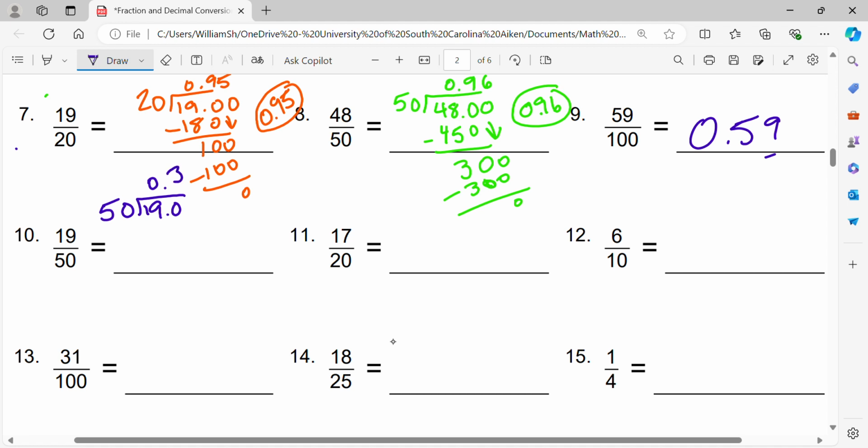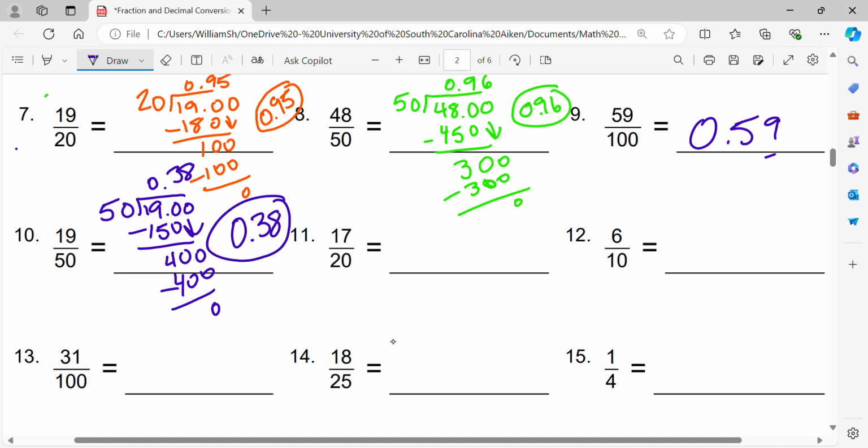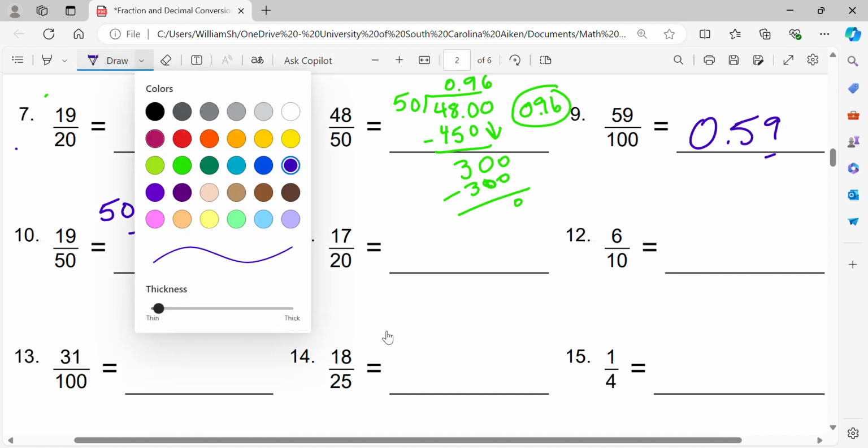Should go 3 times. 50 times 3 is 150, which leaves you with a remainder of 40, which means I need to add another 0 here and bring it down. 50 goes into 400 8 times. So we're looking at an answer here of 0.38. Very, very good.